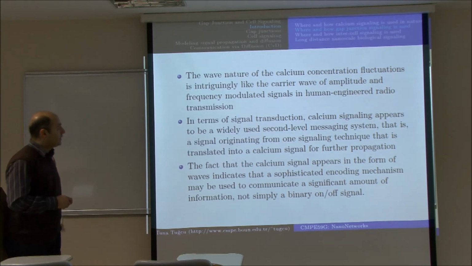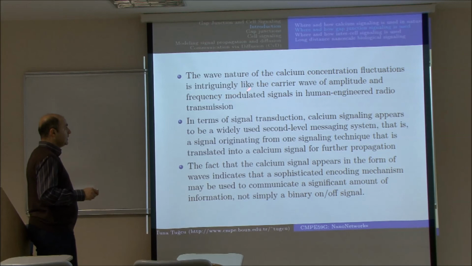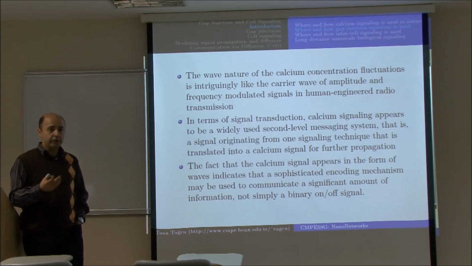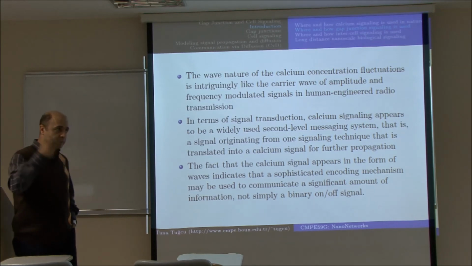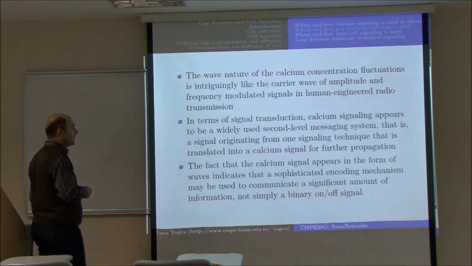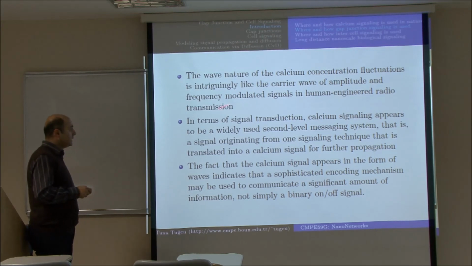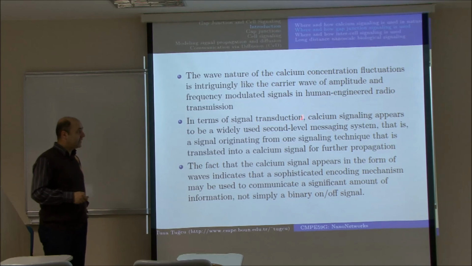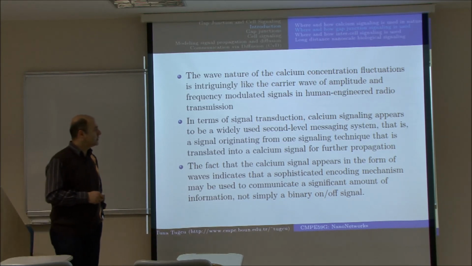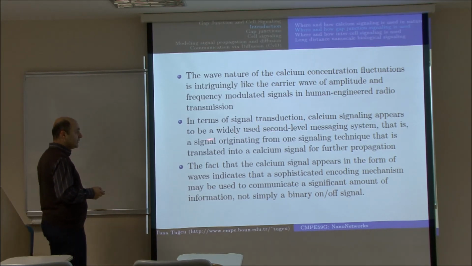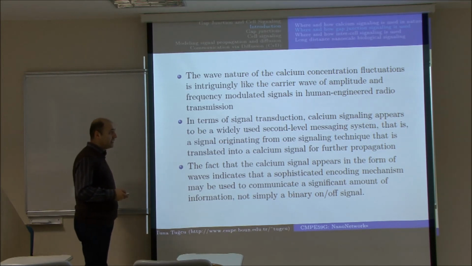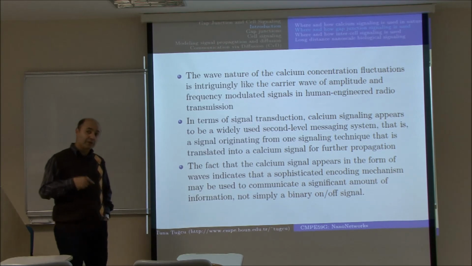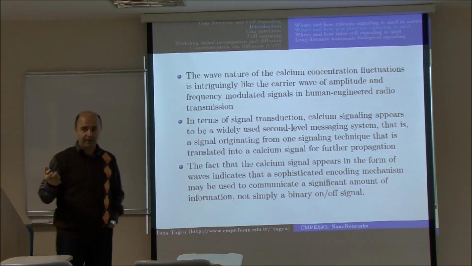The wave nature of the calcium concentration fluctuations is intriguingly like the carrier wave of amplitude or frequency modulated signals we know in our traditional networks. And in terms of signal transduction, calcium signaling appears to be a widely used second level messaging system. In other words, a signal originating from one signaling technique is translated into a calcium signal for further propagation, because we'll not be sending the calcium itself.